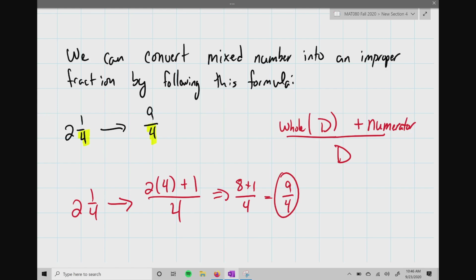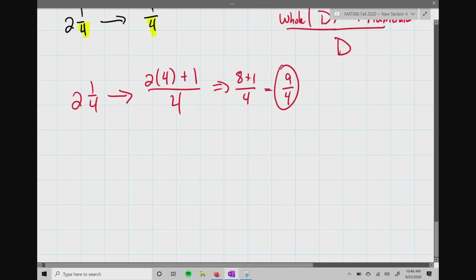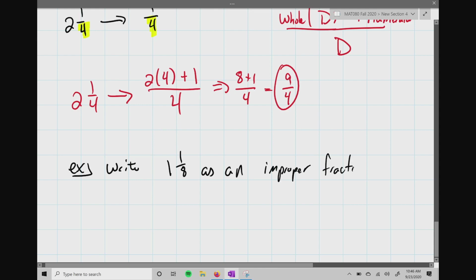All right. Are there any questions with that? So I'm going to give you a couple to do then. All right, go ahead and write 1 1/8 as an improper fraction.